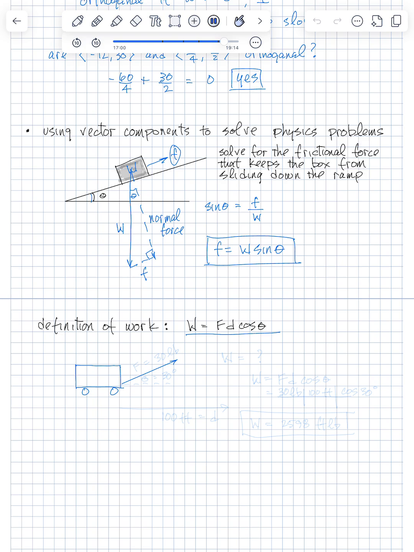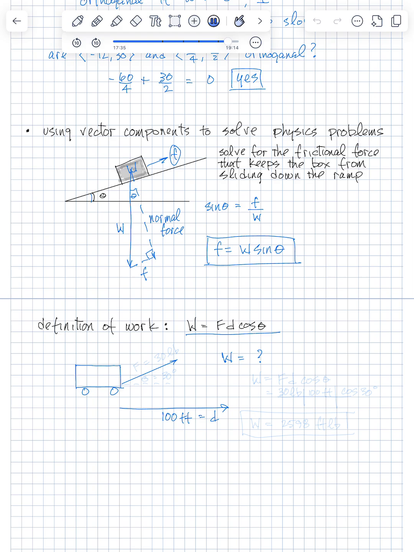And we want to find, well, let's put some numbers to it. Let's say we want to find the work. Incidentally, W, capital W in physics, can either stand for work or weight or watts. And so what it is depends on what kind of formula it is. So work, we don't know. Let's say it's pulled, let's say 100 feet. So that's D, the displacement.